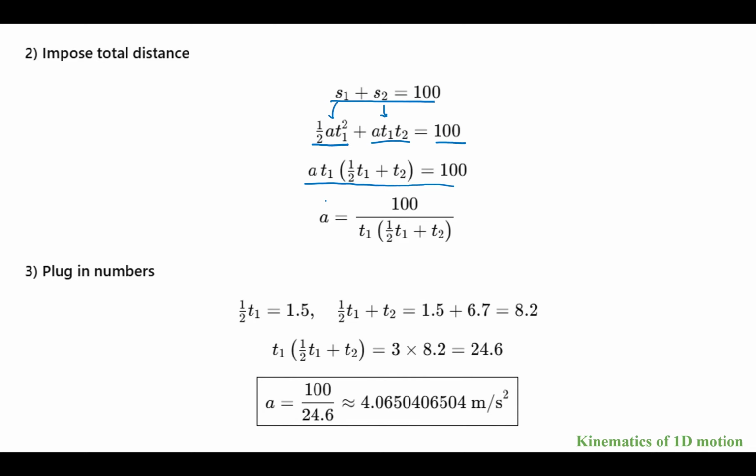What we need to know is what A is. A is given by these parameters, and we know T1 and T2 from this relationship, so we can find A. Note that the unit should be meters per second squared.